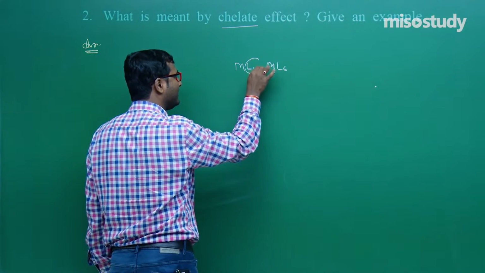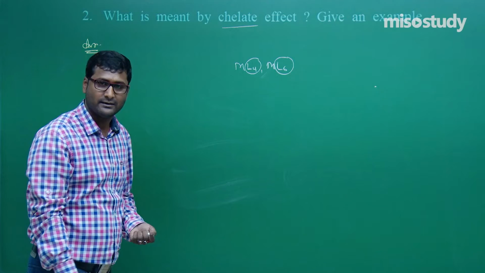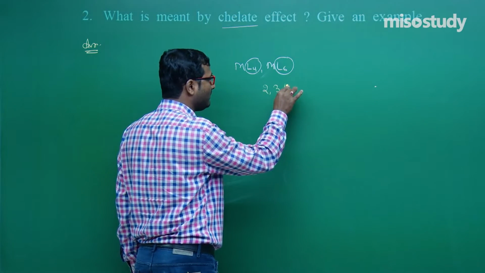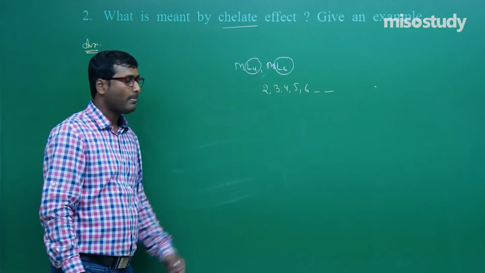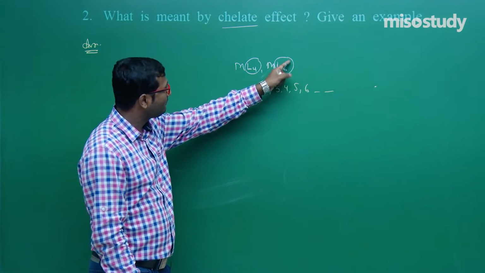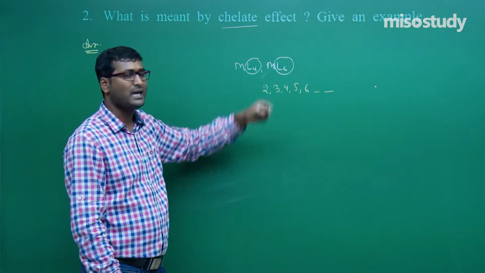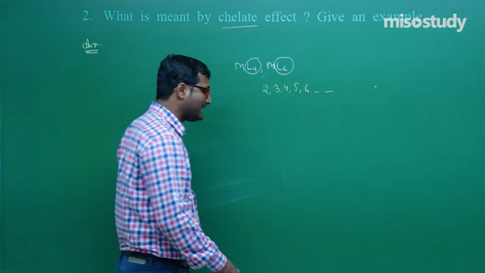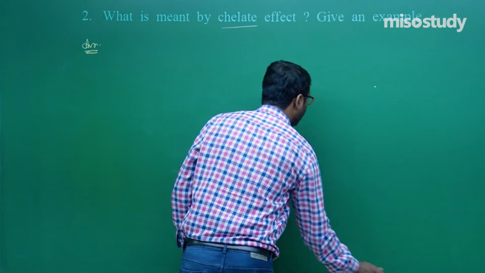If the ligand attached to the metal is a polydentate ligand, the denticity may be 2, 3, 4, 5, or 6. Clear? And if it forms a ring around the metal, then this type of effect is known as chelating effect, and it will increase the stability of the coordination compound.